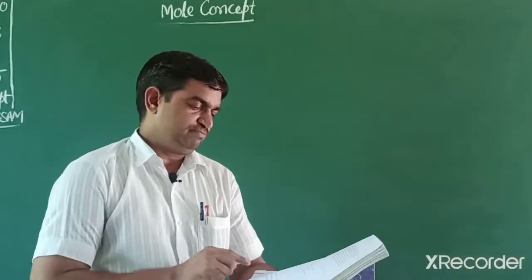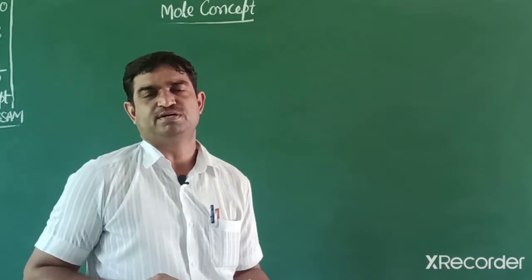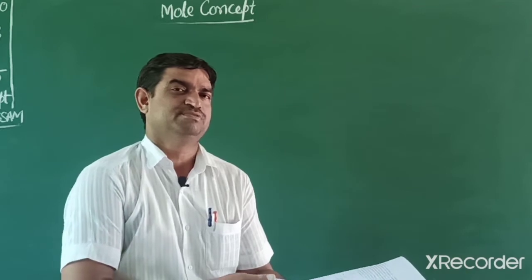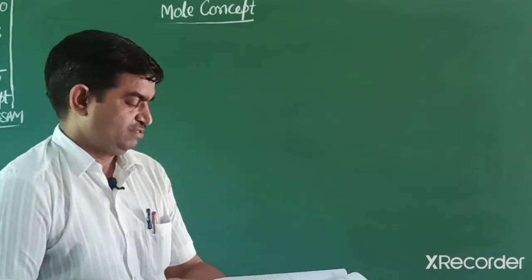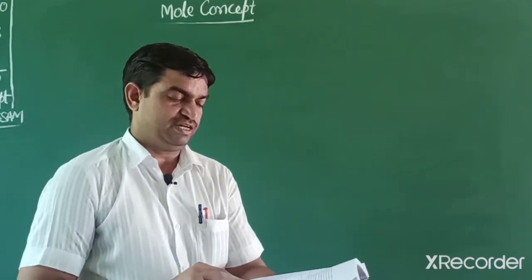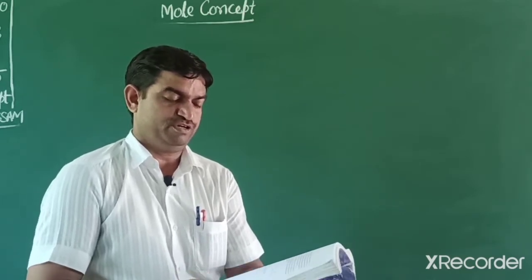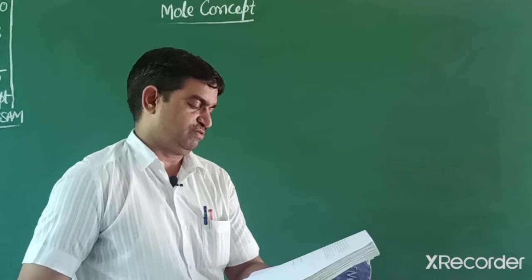Students, next problem. This problem comes in your exam many times, last year in the half yearly exam and in the final exam also. The question is this: calculate the number of aluminium ions present in 0.051 gram of aluminium oxide.